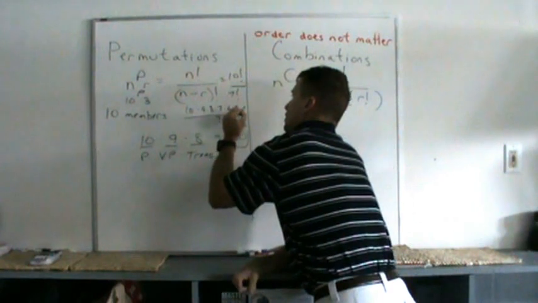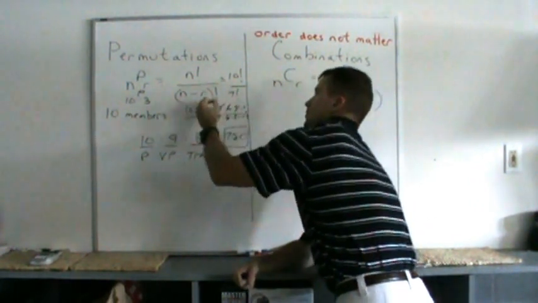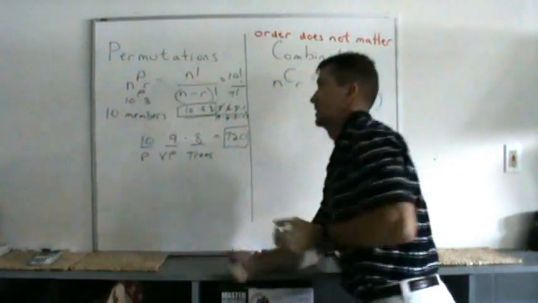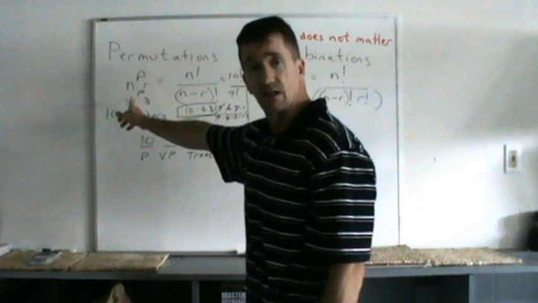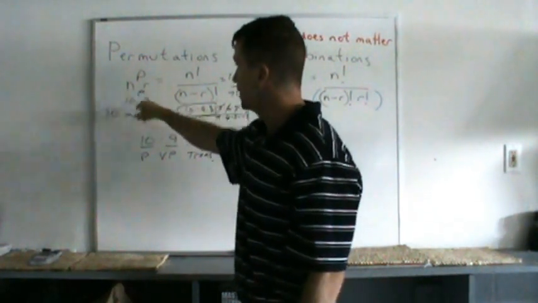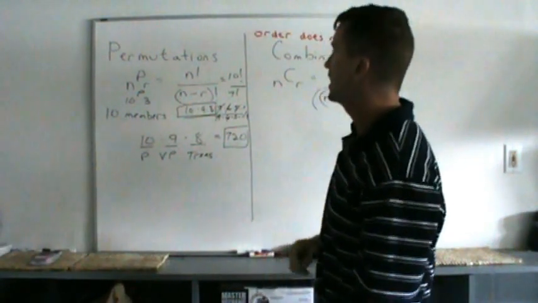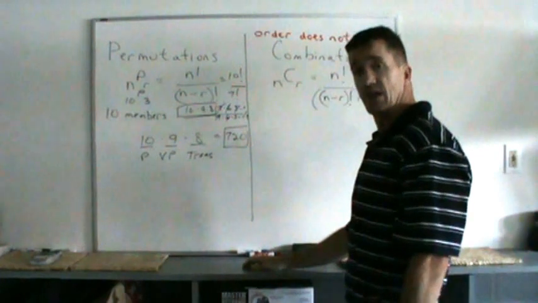These would all cancel, leaving the same answer, 10 times 9 times 8. But absolutely, you can just hit this on a calculator if you want. Calculators have this function right here. Put 10, hit the P. Actually, with the TI-84, it's an nPr button. So anyways, that's a permutation, all right?